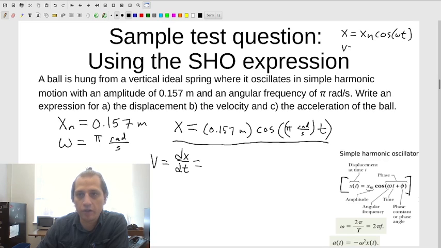We were able to find our v is minus, because the derivative of cosine is minus sine, so you'd have xm, and then you have your chain rule, so you have your omega that comes out, and then you have sine omega t.